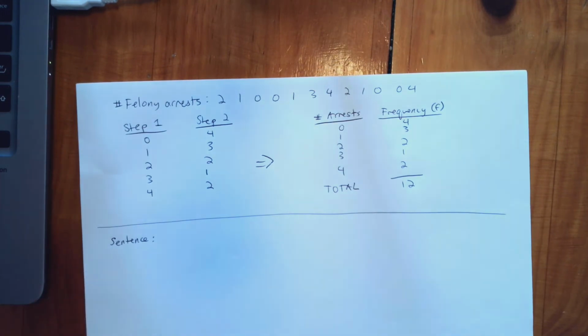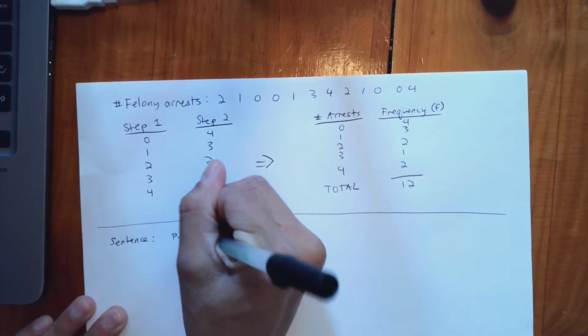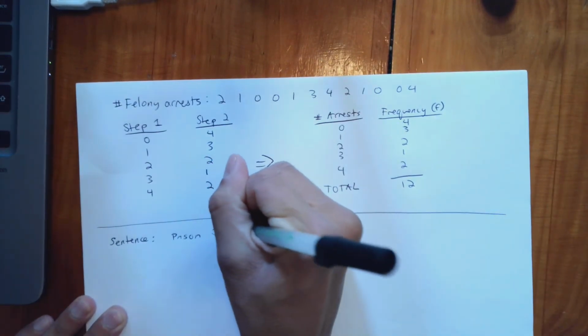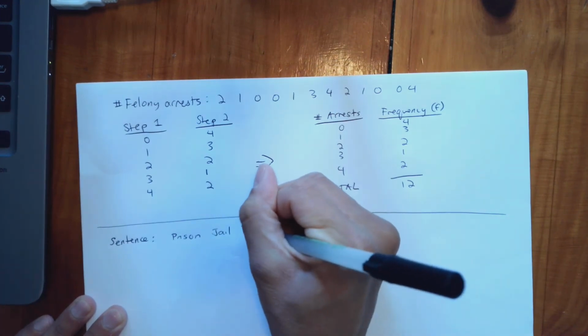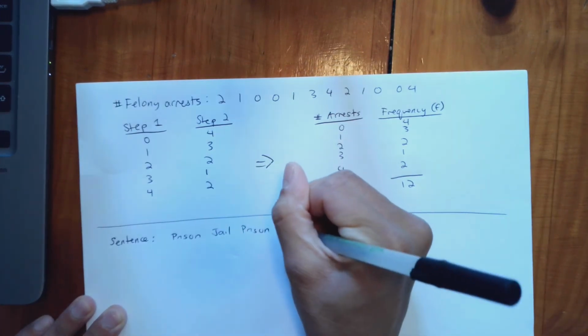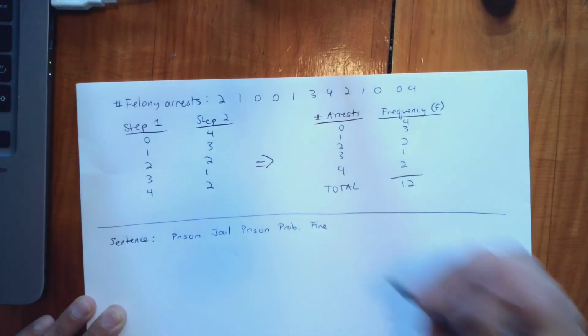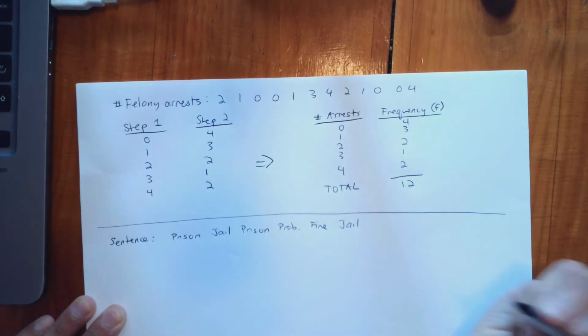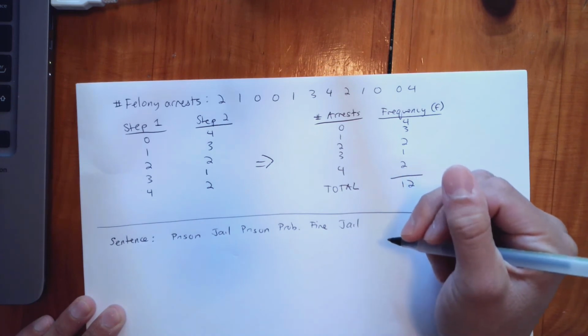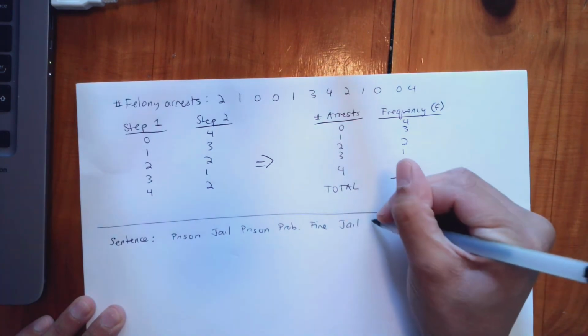And so in this sample here, so this is going to be a different sample, different number of observations, we're going to have somebody who went to prison, somebody who went to jail, somebody who went to prison, somebody who got probation, somebody who got a fine, somebody who went to jail, and so on. Okay. Probation, fine, jail, fine, probation.